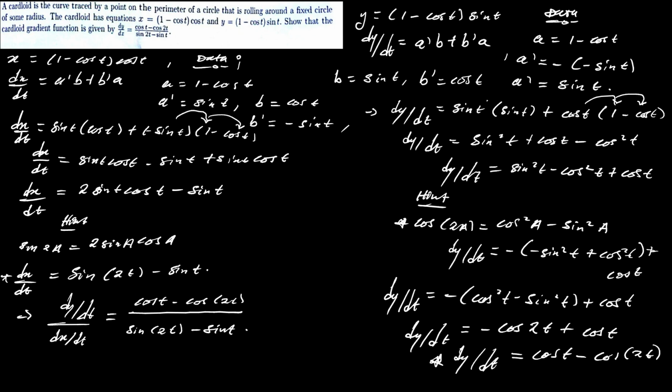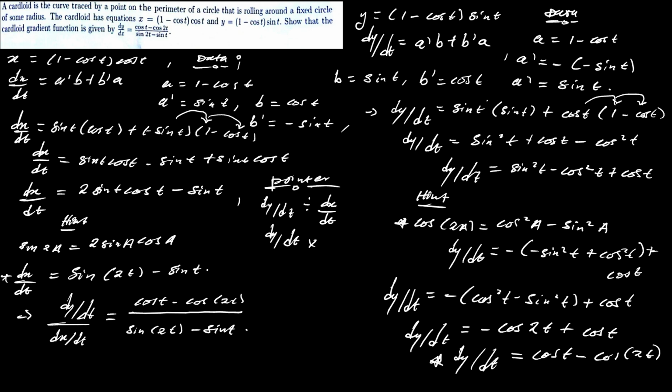Now, one thing you have to understand: if you want, you can just say at this point, hence shown, because you have actually shown what they need. But to make this more sensible, let us understand something. If you apply mathematical concepts, dy/dt is being divided by dx/dt, meaning division changes to multiplication and it reciprocates.